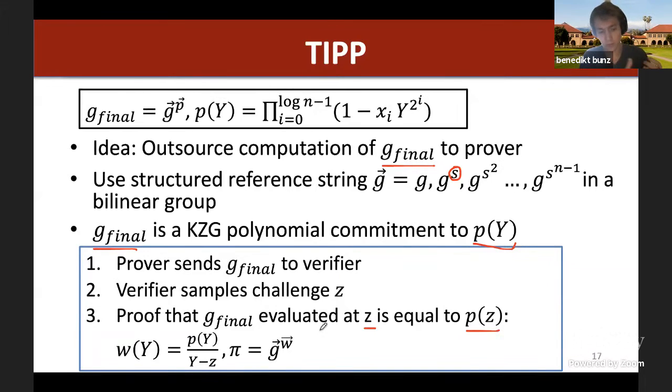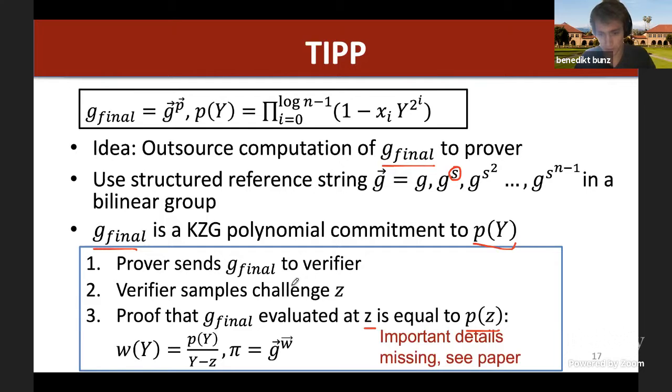So the prover then provides this KZG proof to show that G final has exactly the right structure. And given that, the verifier can accept G final and use it in the TIPP protocol.